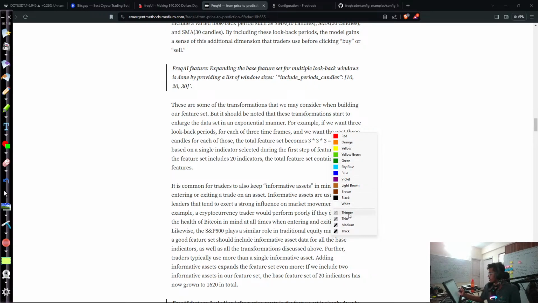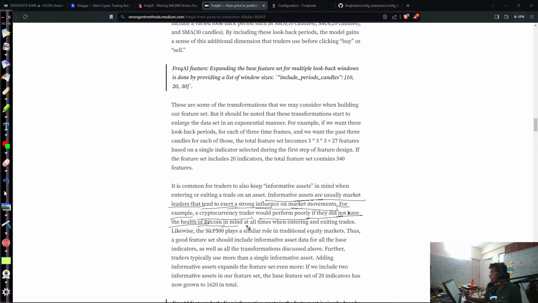Now, informative assets are usually market leaders that tend to exert a strong influence on market movements. For example, a cryptocurrency trader would perform poorly if they did not have the health of Bitcoin in mind at all times when entering and exiting trades.